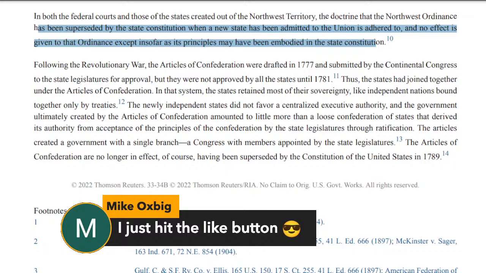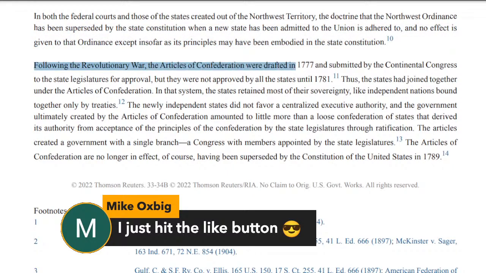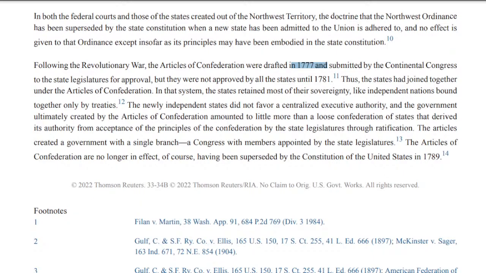So, following the Revolutionary War, the Articles of Confederation were drafted in 1777 and submitted by the Continental Congress to the state legislators for approval. That's in 1777, right? But they were not approved by all states until 1781. Thus, the states had joined together under the Articles of Confederation.